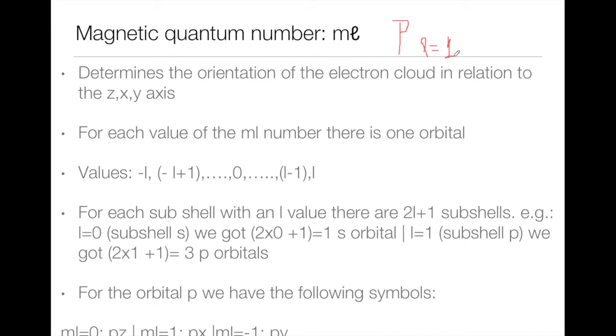How many orientations do we get? Minus 1, 0, and 1. Therefore, we've got 3 possible orientations for the p subshell: pz, px, and py. That means that p is oriented along the z axis, the x axis, and the y axis.